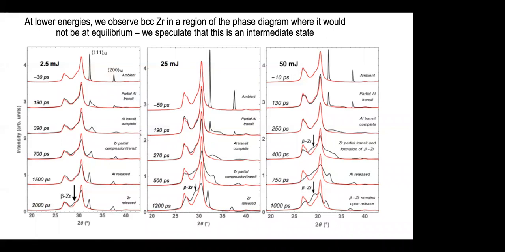So what we believe we saw was probably an intermediate phase to the final BCC phase, and that has some support in the literature. But there was a lot of debate about whether or not that was what we were actually seeing, and I would argue that that probably is still an open question to some extent. I'd really be interested in seeing other people look into that and see what they get.